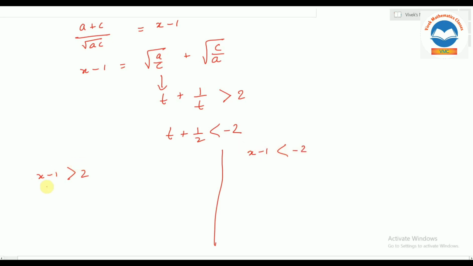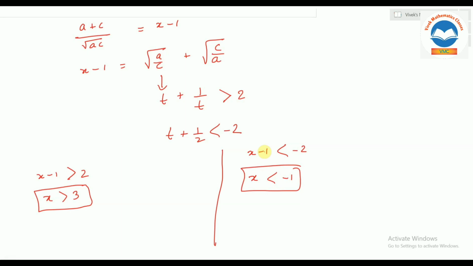From the first case, x will be greater than 3, 2 plus 1, 3. From the second, x will be less than minus 1. So this will be the answer: either x will be greater than 3 or less than minus 1.